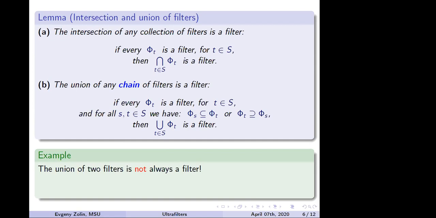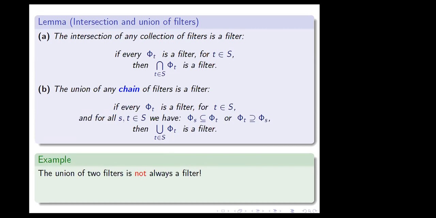Let us consider a set of two elements, A and B, and let us consider a principal filter of the first element and a principal filter of the second element.